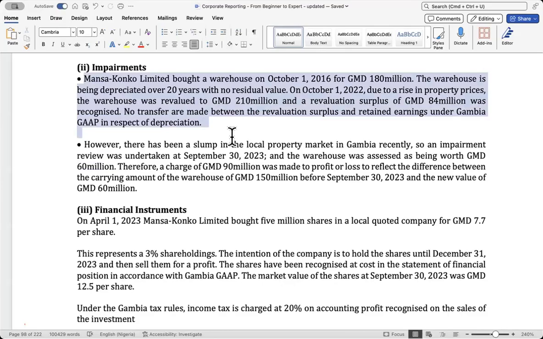The only thing here is this. There was a revaluation surplus here. The value was 180 million, but now it is 210 million, so there's a revaluation surplus of 84 million. You don't have to check whether we computed the revaluation surplus very well, because he actually did.